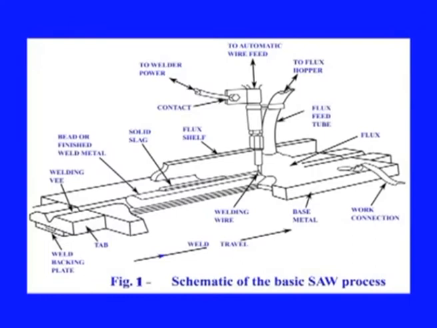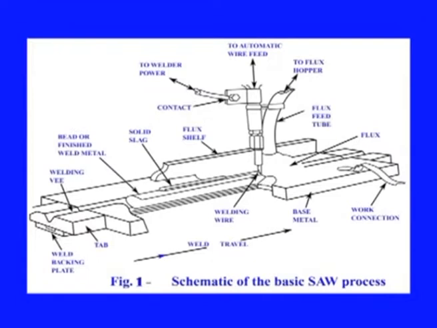The schematic is shown on the screen. So, this is the common submerged arc welding process, in which this is the flux we were talking about, and the arc will be in between, beneath this, which will not be visible otherwise.